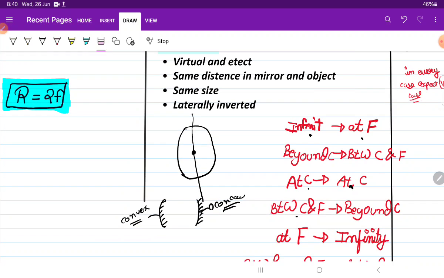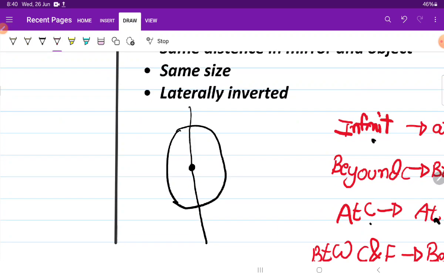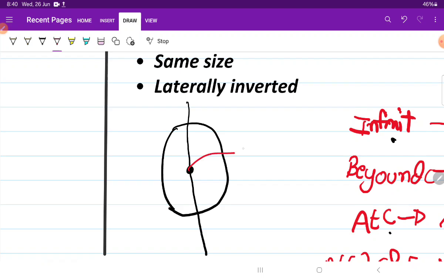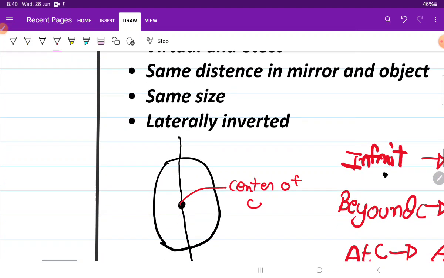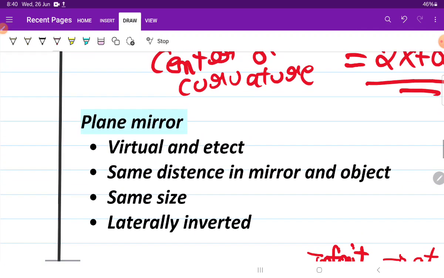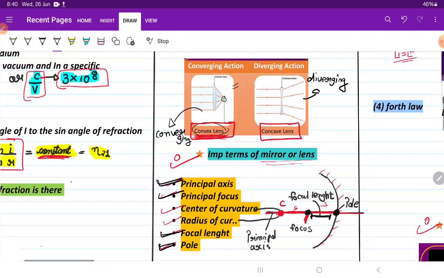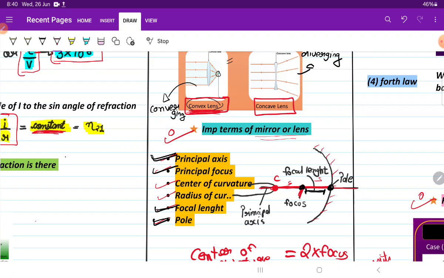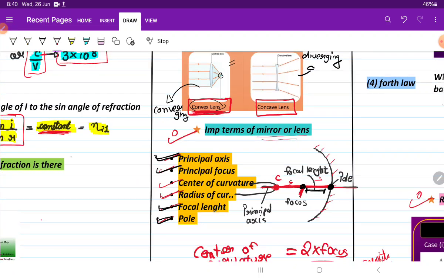And this is the center of curvature. You can also call it the center of the sphere, but initially you have to say center of curvature. Okay, so I hope it is clear what the center of curvature is. Now the distance between the center of curvature and the pole is known as the radius of curvature.